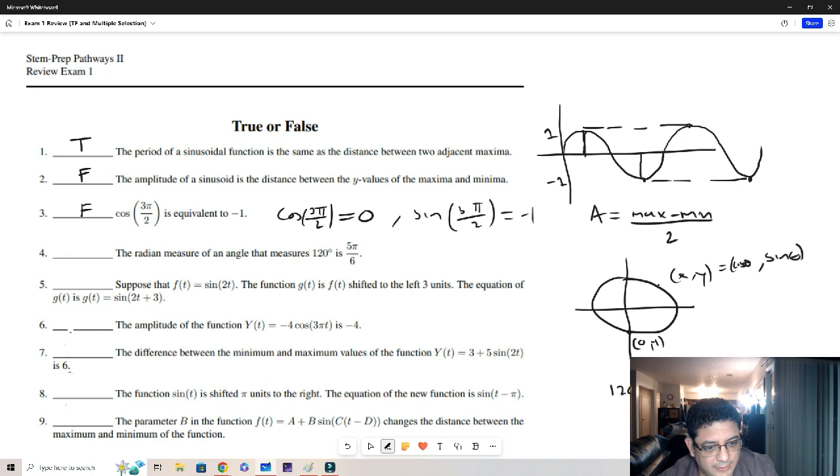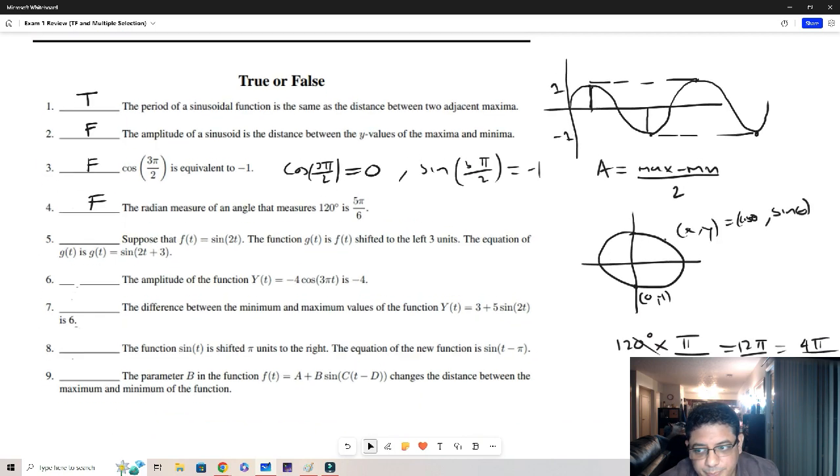We get 120 pi over 180. We can simplify this by 3 or more, and it ends up being 2 pi over 3. So as we can see, this is going to be false. That's not the correct angle.